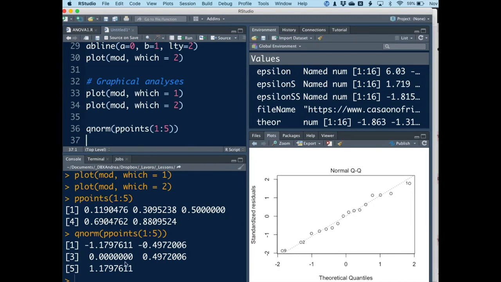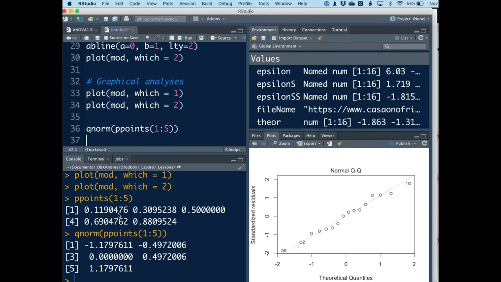The median is 0, and we knew that. So these are the corresponding percentiles. If I have 5 residuals, the residuals represent the percentiles for my population, for my sample. Then I compare with the corresponding percentiles in a standardized Gaussian.